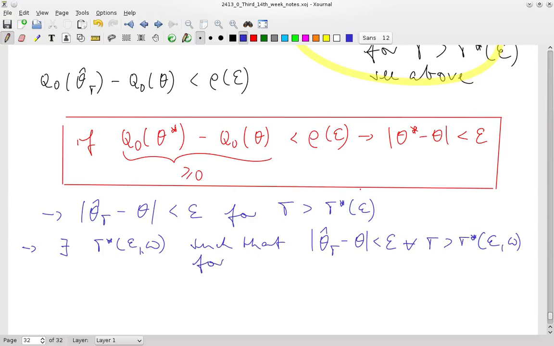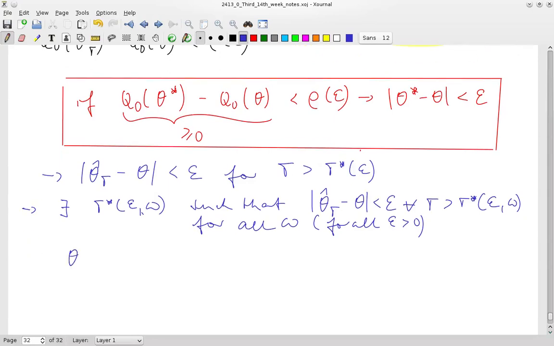And this t star point can be found for all omega, and of course for all epsilon greater than 0. But this statement says nothing else but that theta hat, my estimate, converges almost surely to theta. Okay, and essentially that's the proof, no?